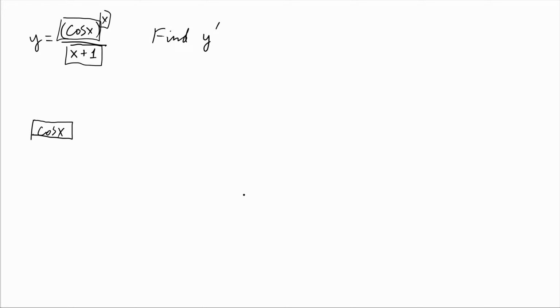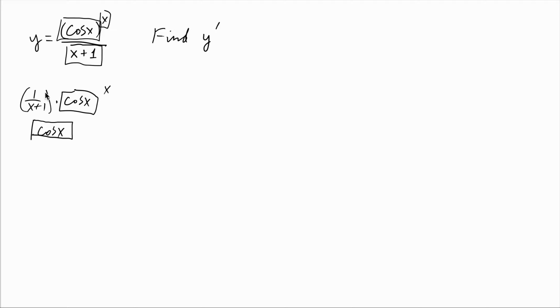Now remember, at the end of taking care of a box, multiply that result by the derivative of whatever the box was. We first think of the box as being a variable, and we proceed. If this box, cosine x, is a variable raised to a power, and it's divided by a constant, that's like 1 over x plus 1 being a constant times cosine x raised to a constant.